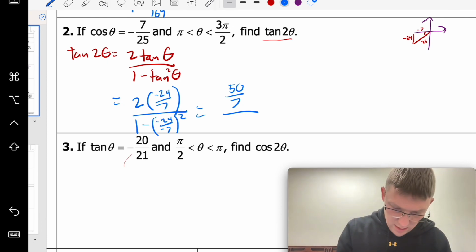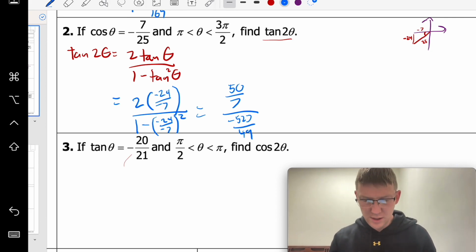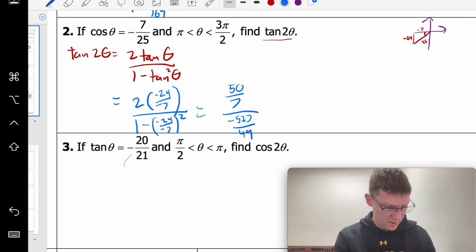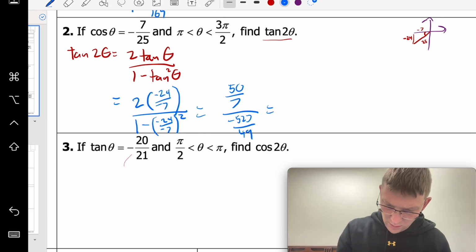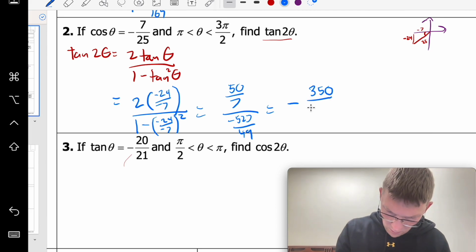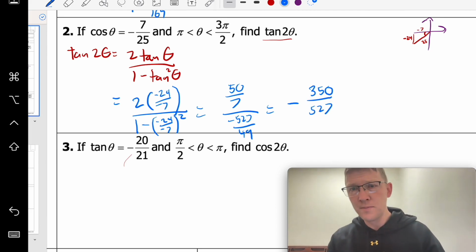Yeah, we've got -527 over 49. Then we've got 50 divided by 7. I'm going to multiply by the reciprocal of the bottom, so times 49 divided by 527, and turn it into a fraction. We're going to get negative, because we do have a negative sign there, 350 over 527.